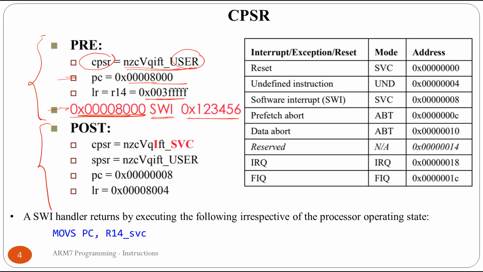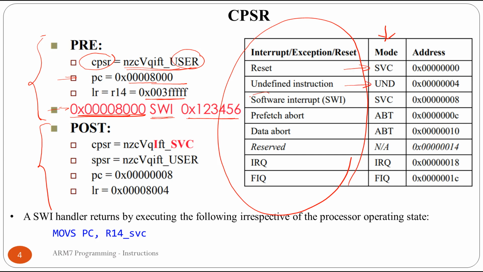Whenever SWI is called, your processor will enter into the supervisor control mode, because in this table we have these exceptions or interrupts, and these 7 processor modes. Whenever reset is pressed or a reset interrupt occurs, your processor will go into the SVC mode, that is supervisor control. When an undefined instruction occurs, your processor will enter the undefined mode.